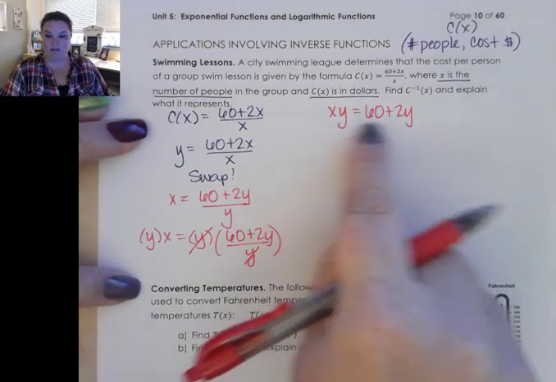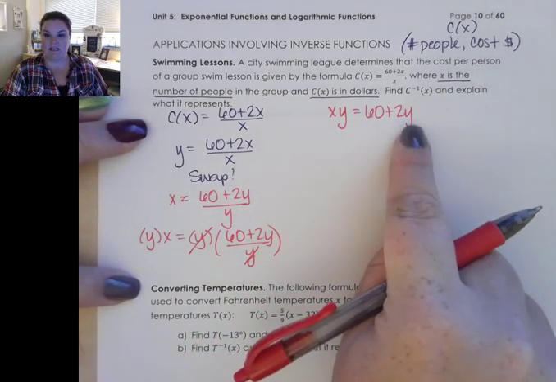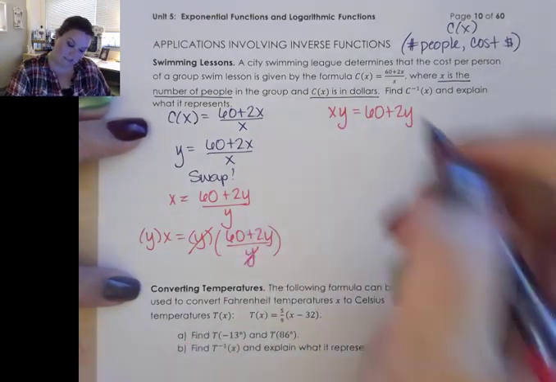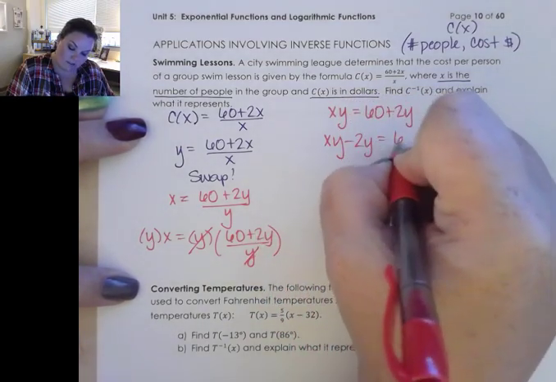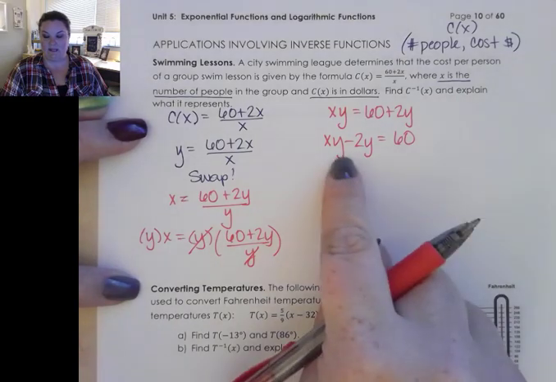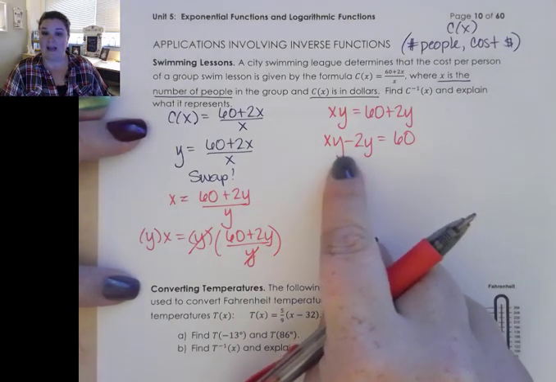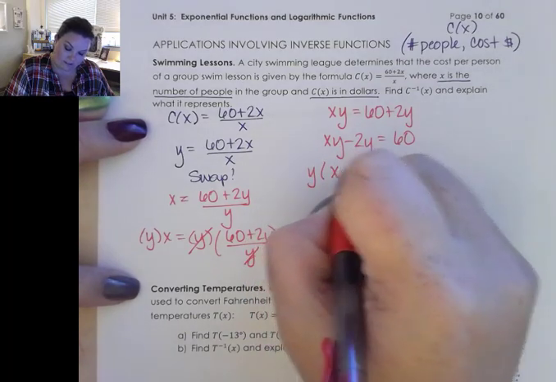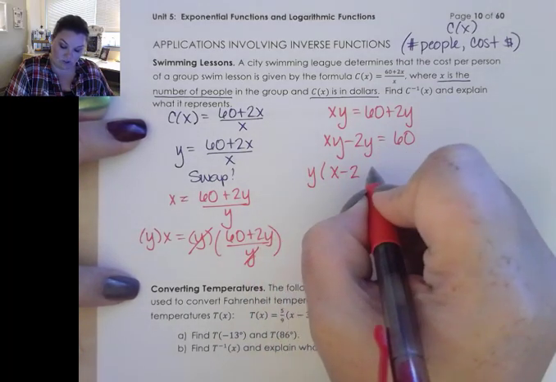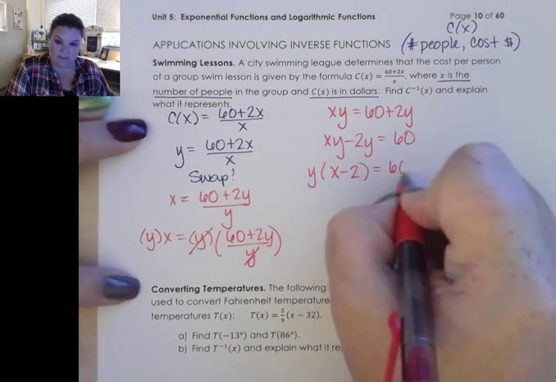Then I need my y terms on the same side, so I'm going to take this 2y and subtract it to the other side. So xy minus 2y equals 60. And then I can get the y out by factoring out a greatest common factor. That leaves me with y times (x minus 2) equals 60.